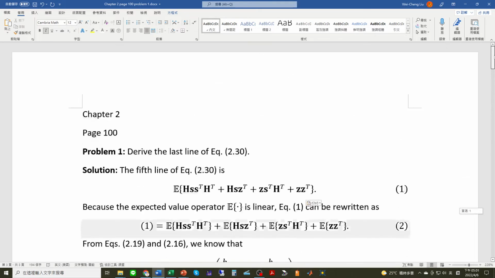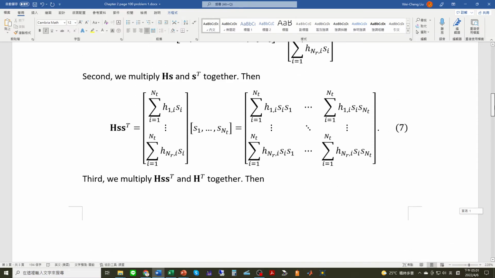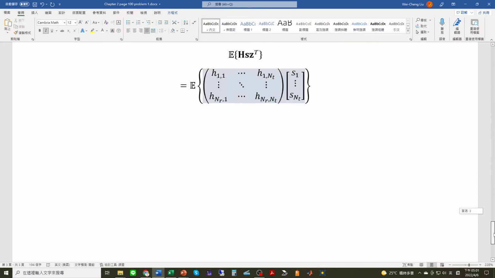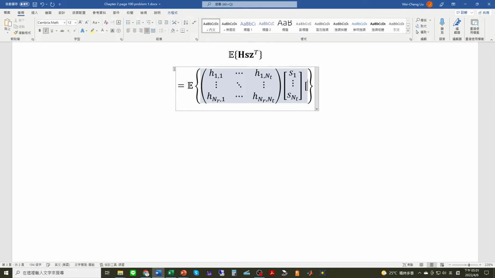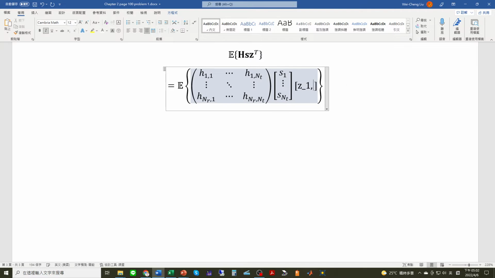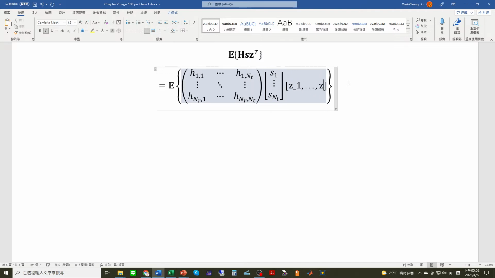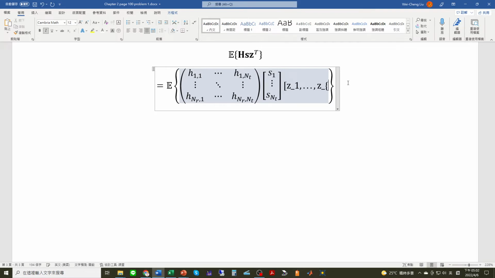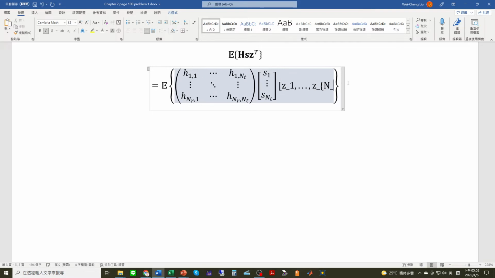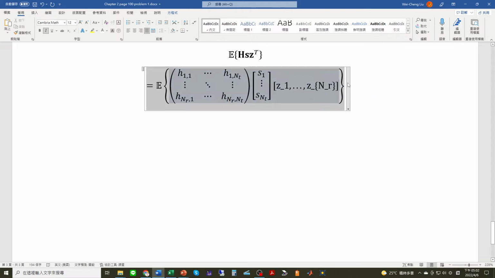We do not have vector Z, so let us input Z1 dots Z_NR, like this.